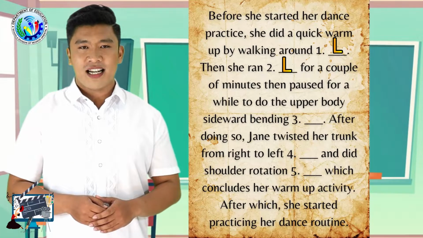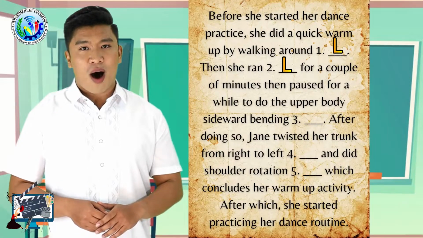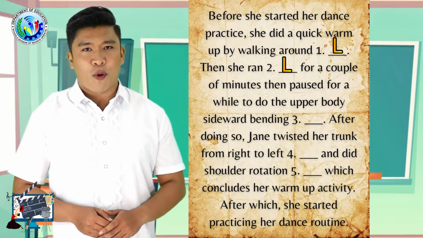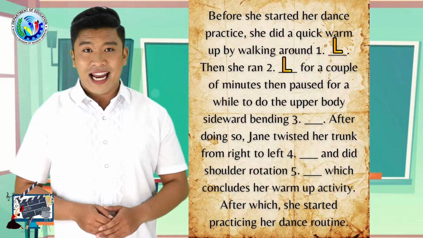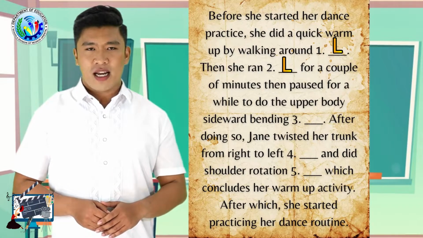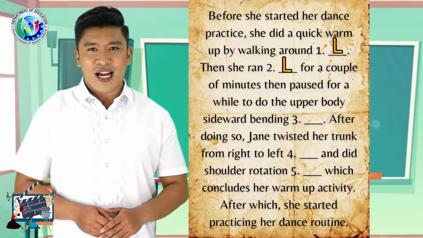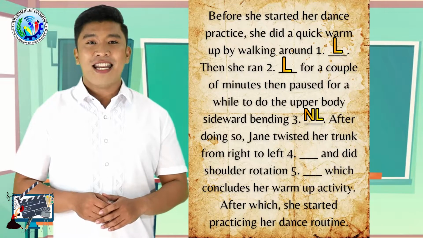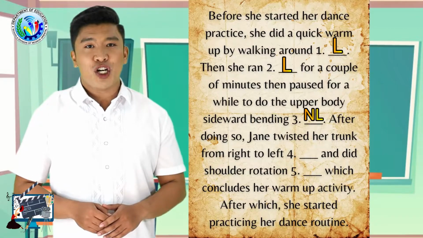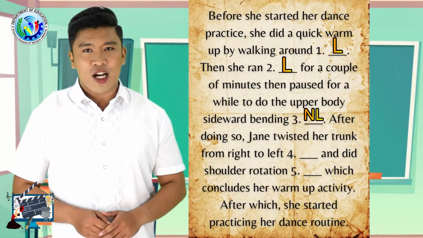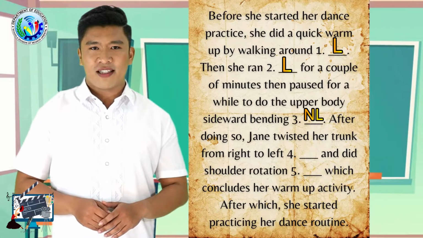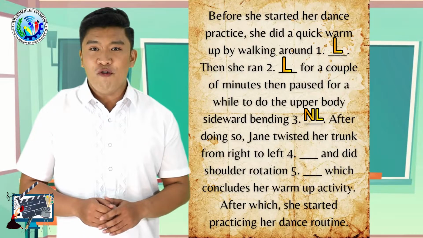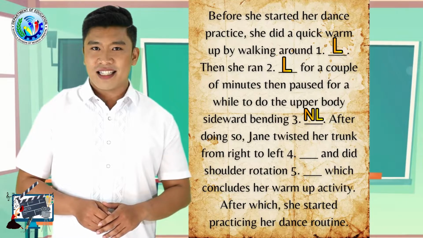Number 3. Then, she paused for a while to do the upper body sideward bending. Bending is the movement for number 3. That is why the answer is NL, or non-locomotor movement. Number 4. After doing so, Jane twisted her trunk right to left. What is then the movement in that sentence?